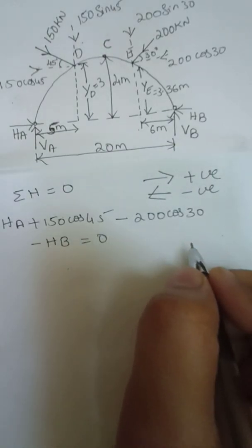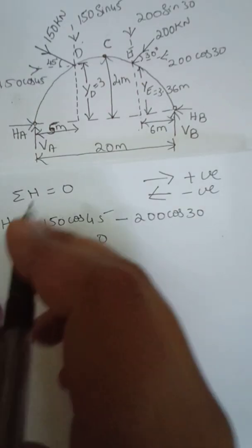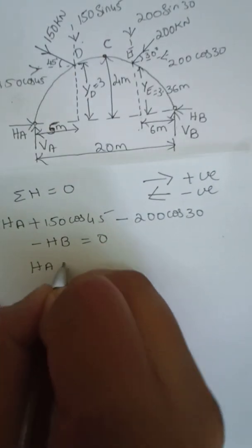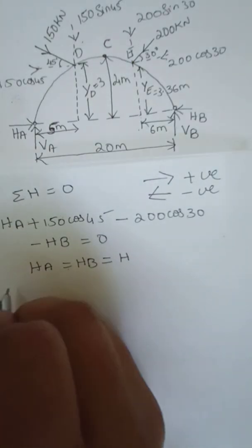Since you can observe that the supports are exactly at the same level, I can consider HA equal to HB, so I just take that in general as equal to H.